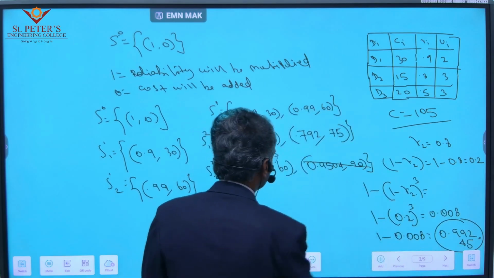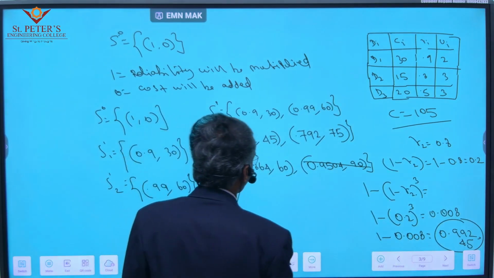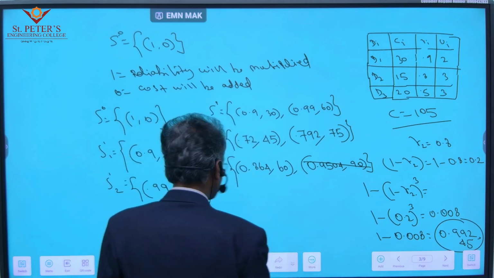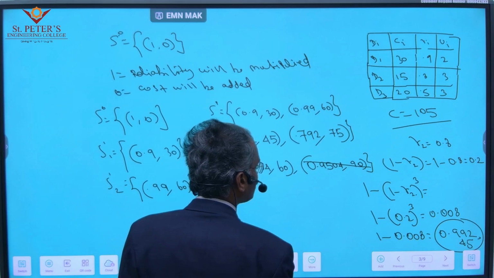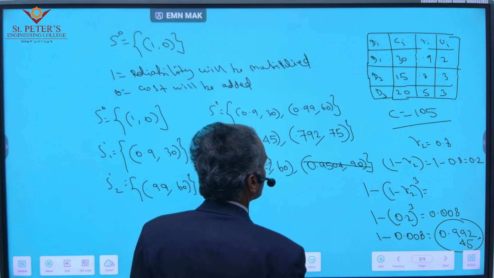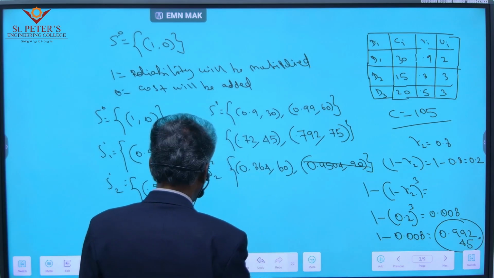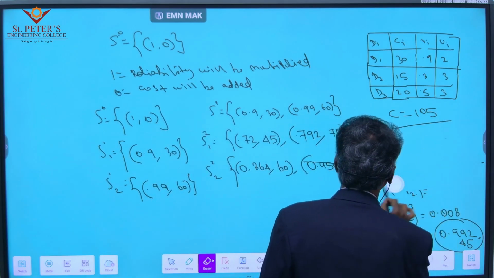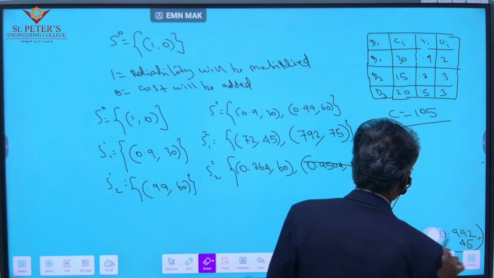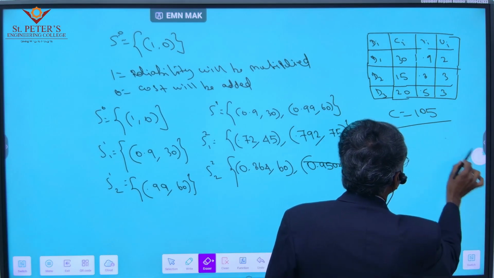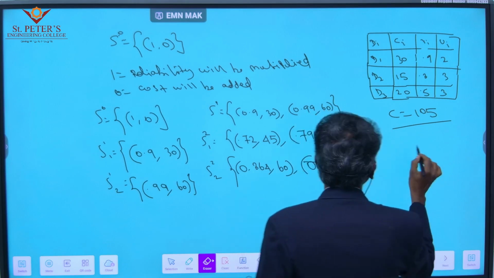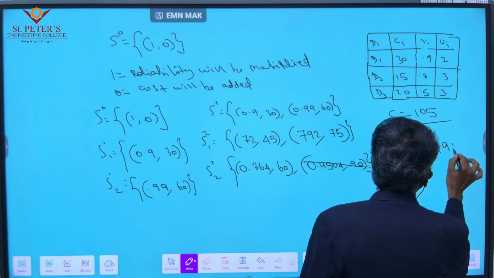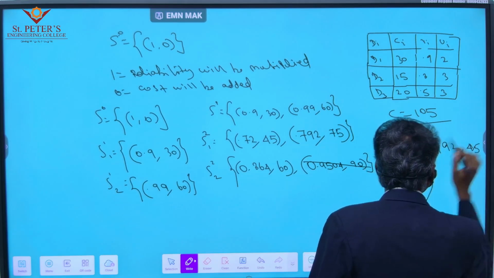So let us do that. 0.992 comma 45. I will erase this first. 0.992 into 45. So we know the cost, no? 0.992 comma 45. Right.